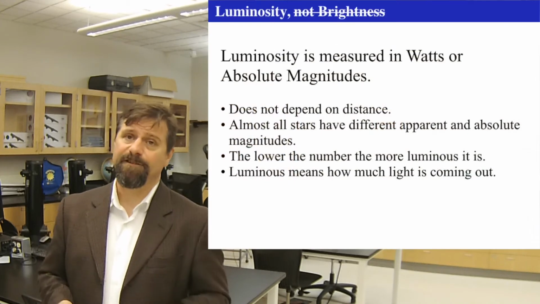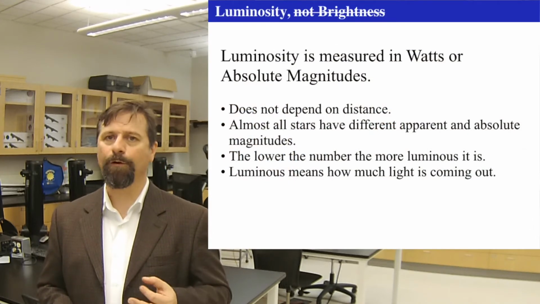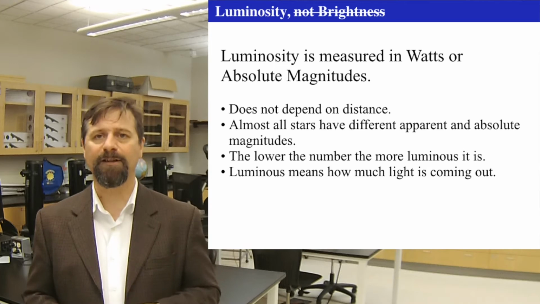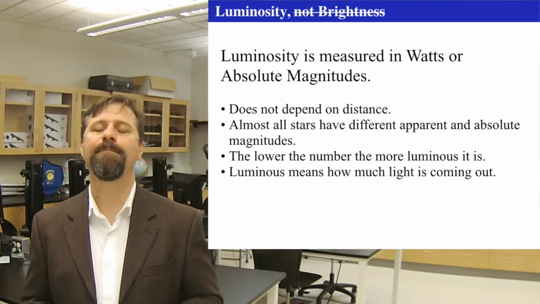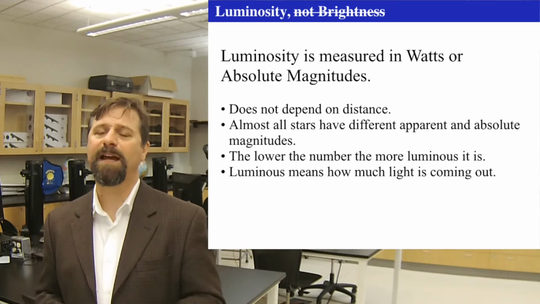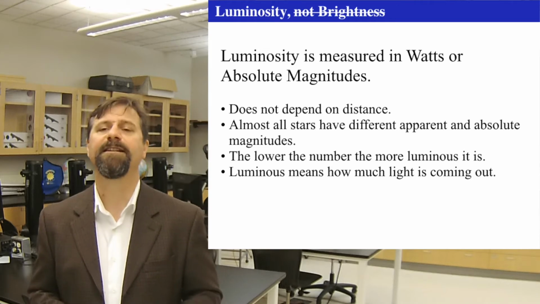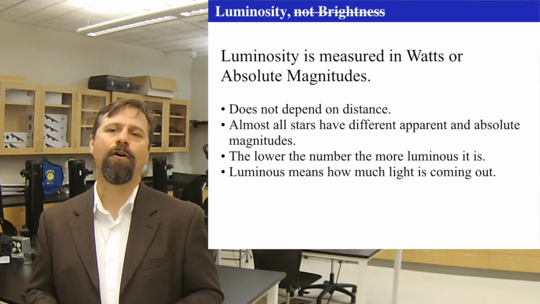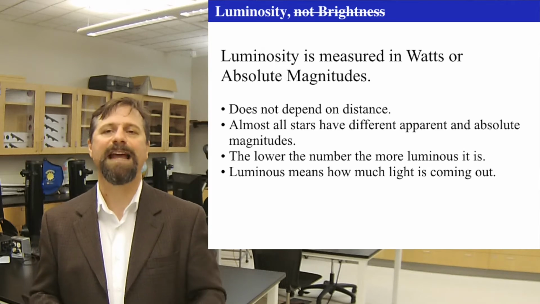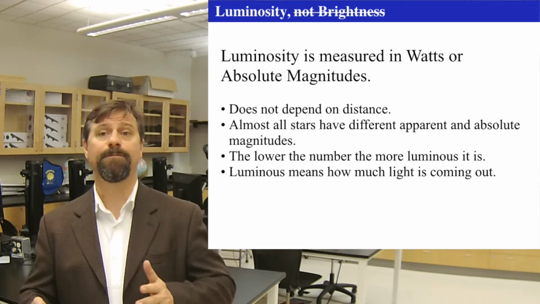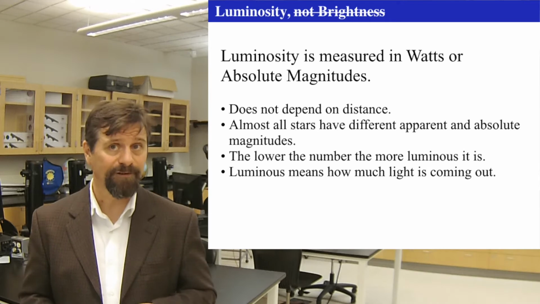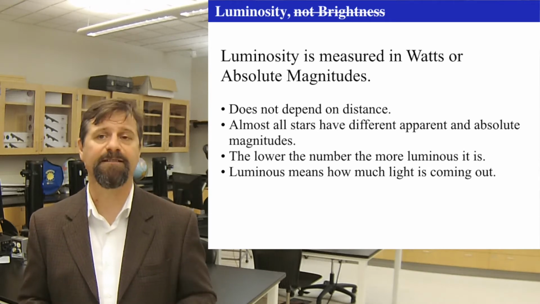So luminosity is either measured in watts or in this unitless thing that we will call absolute magnitudes. Absolute magnitudes, or luminosity in watts, they don't depend on the distance. Most stars have different absolute and apparent magnitudes, meaning the absolute magnitude is different than what we perceive it to be or see it to be.